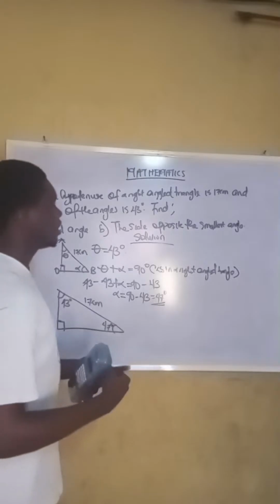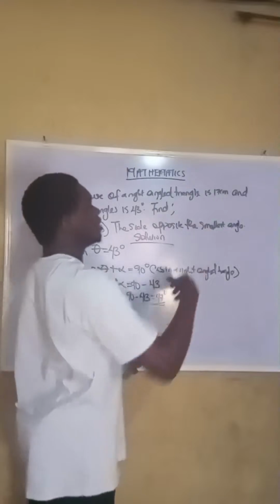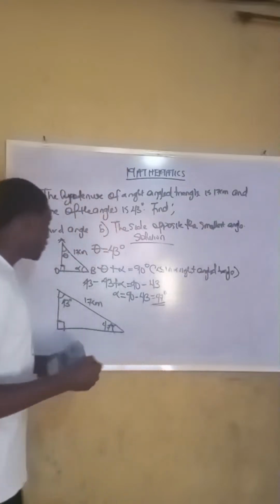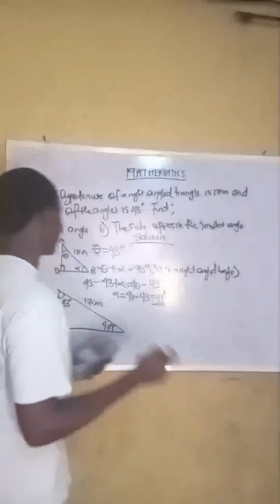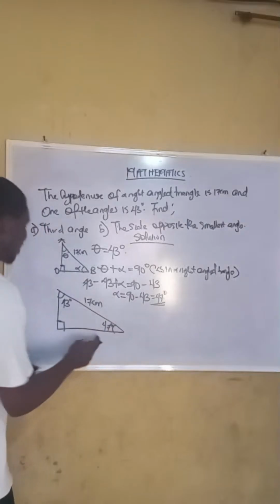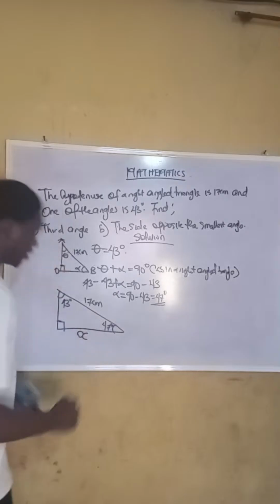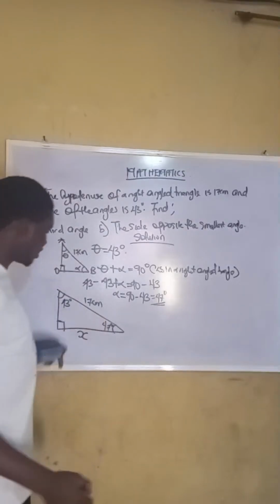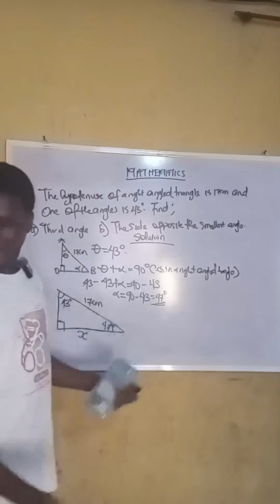Now the question says find the side opposite the smallest angle. Between 47 and 43, which is the smallest? Obviously it's 43. So let's call this side x, the side opposite 43.